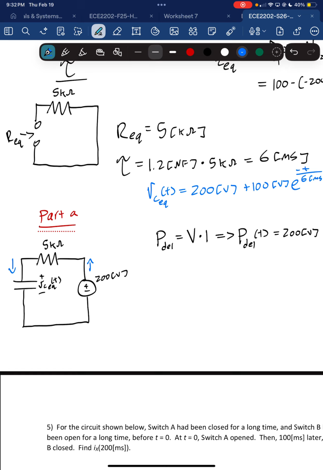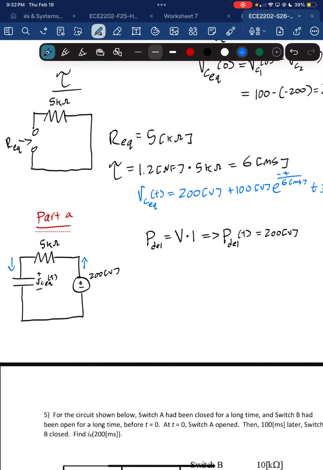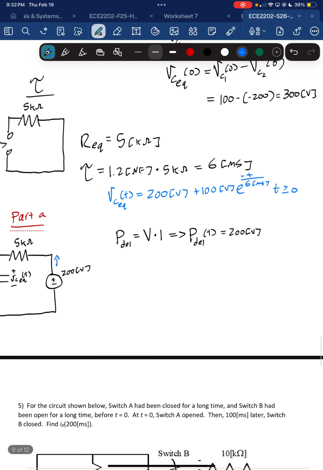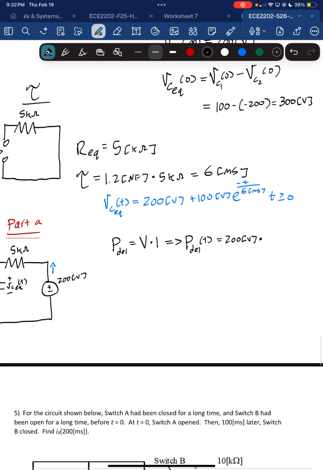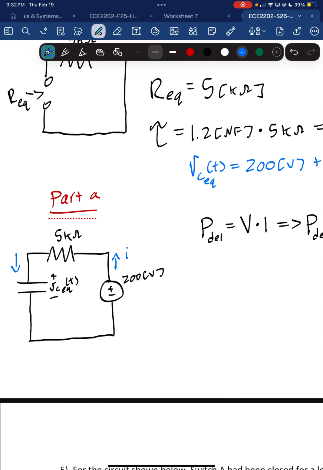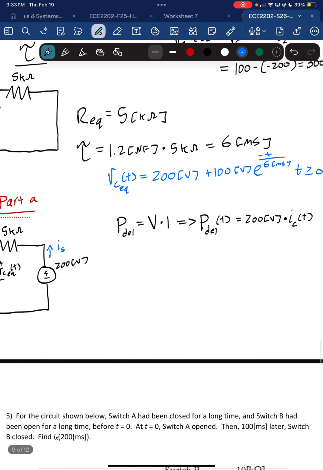IC of t. Would it be negative or positive? Oh, positive. Because it's positive to negative, as a passive component should be, right? Capacitors are passive, so positive current flows from positive to negative terminal, or that's the sign we give it at least. So 200 volts times IC of t, because this blue current, which is IS, is also IC equivalent of t.